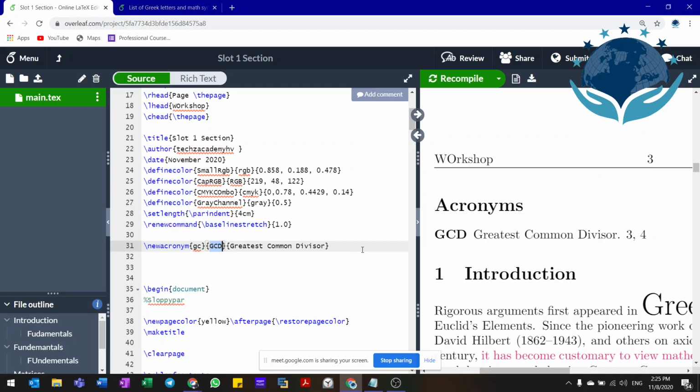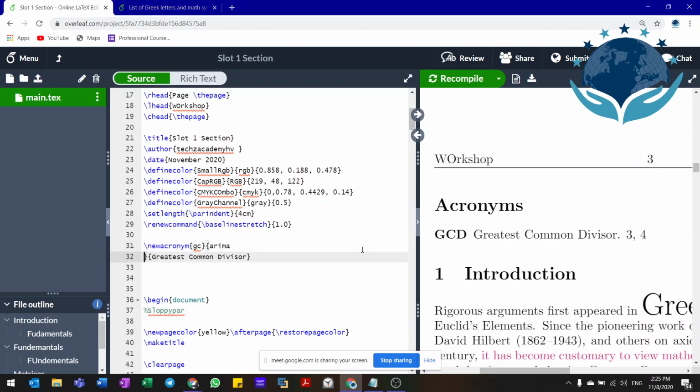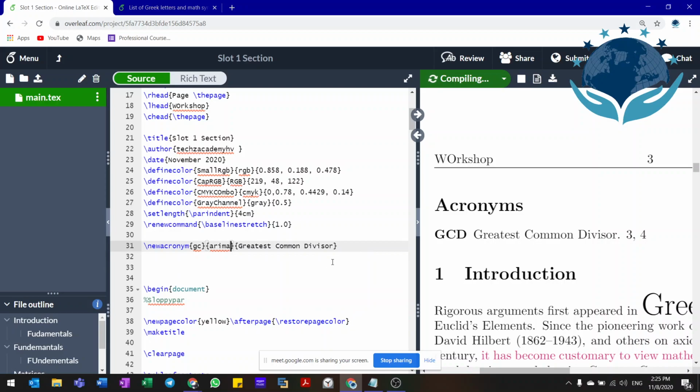No, you can give whatever you need. The truth of this relation is not even checked by LaTeX. You can see here I have given ARIMA, and this has been printed here. It is not checking the truth. It takes what we give as input and prints it over there.